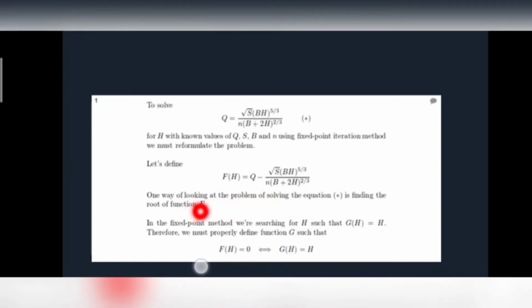One way of looking at the problem of solving the equation star is finding the root of function f. In the fixed point method, we are searching for h such that g(h) equal h. Therefore, we must properly define function g such that f(x) equals 0, so g(h) equal h.